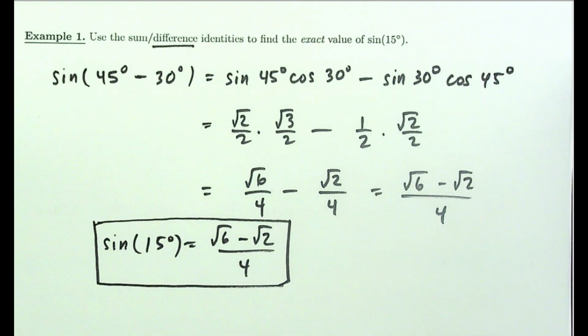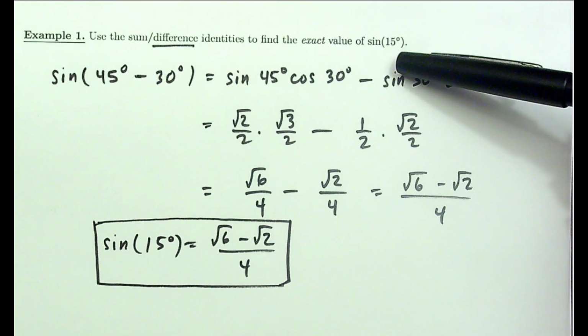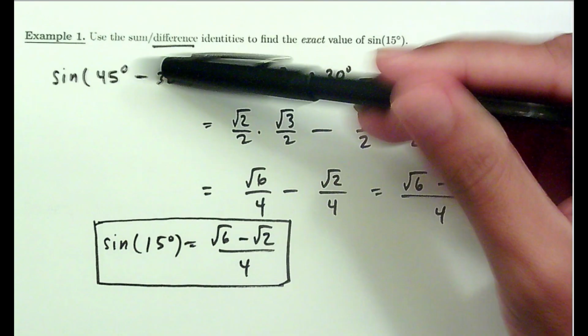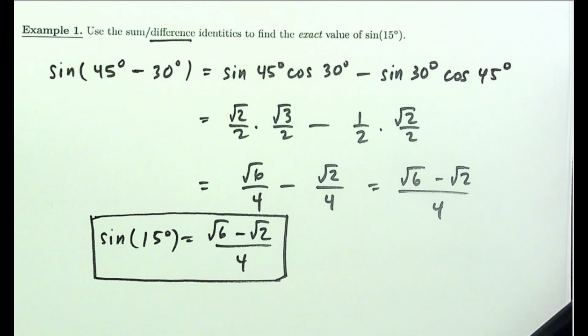Okay, so the key idea for solving this problem was to try to come up with a combination of special angles that when you either add them or subtract them, you get the angle given to you. So in this case, I wanted to get 15. So you have to think of two special angles so that when you either add or subtract them, you get 15. And 45 and 30 was the combination that worked here.